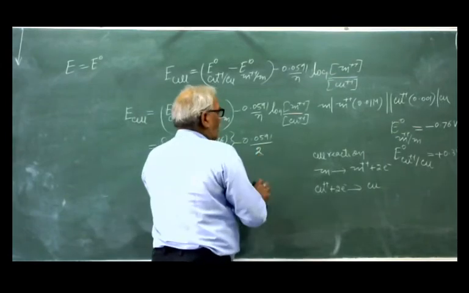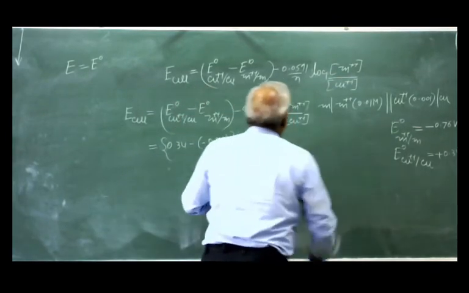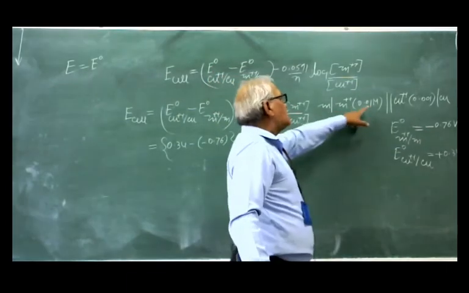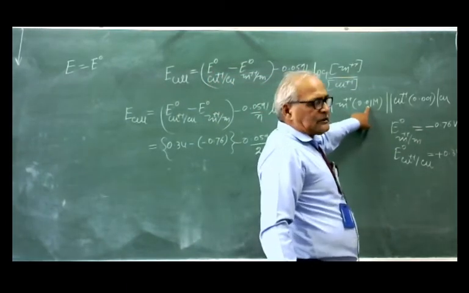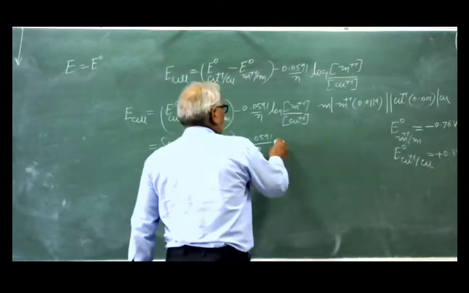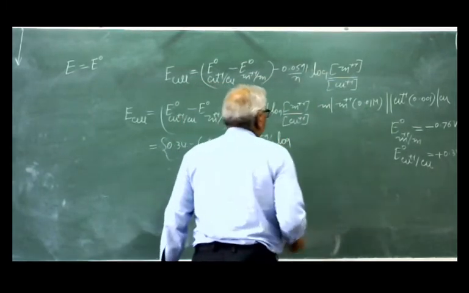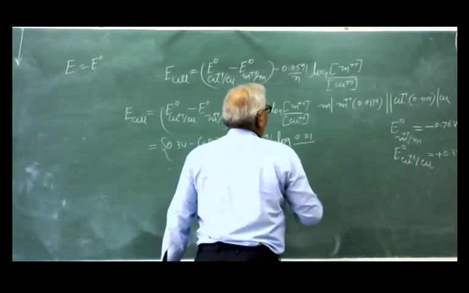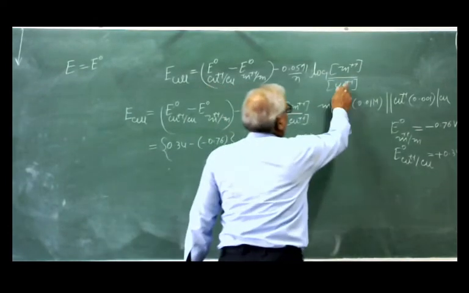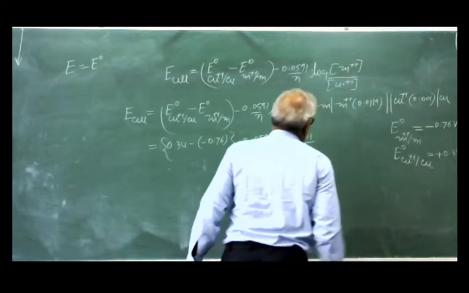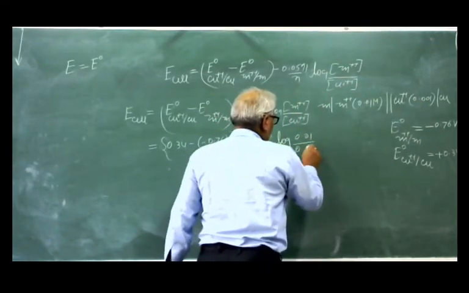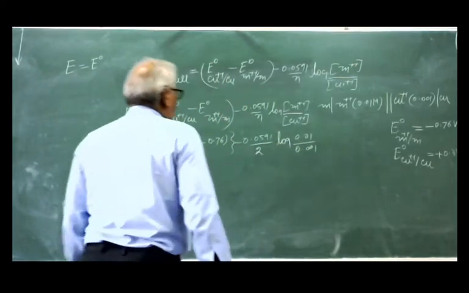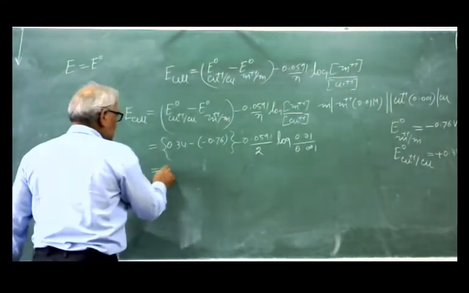Now, put the concentration of the zinc ion and copper ion. This is the concentration of the zinc ion, so you can say log 0.01 divided by concentration of the copper ion, 0.001.